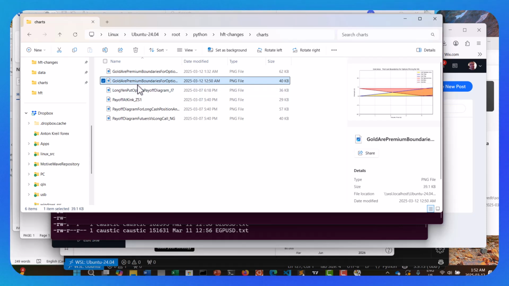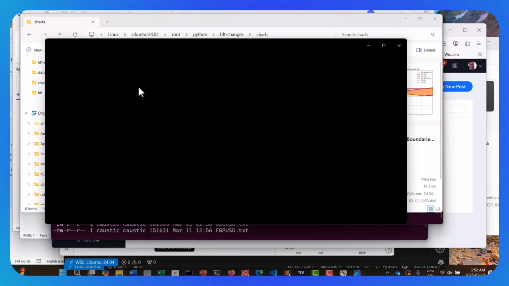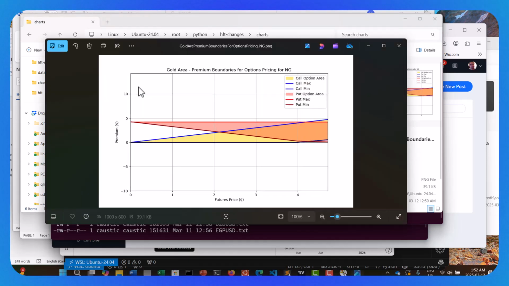All right, so let me show you what we call the gold areas to trade in, the gold area trading zones. In this one, it's for natural gas. Here you can see this contract is only going out to 2 months. So here being March 13, this one would actually, sorry, be a 3 month chart.